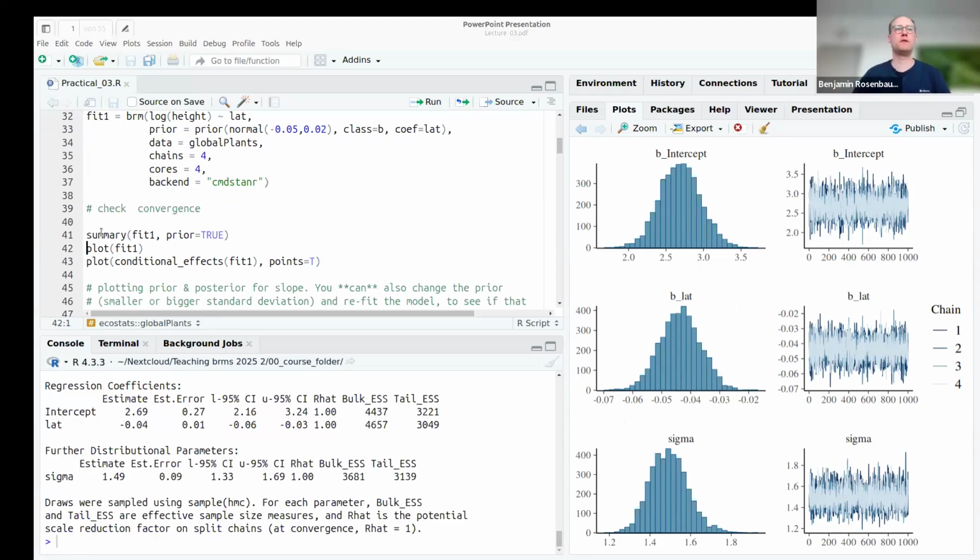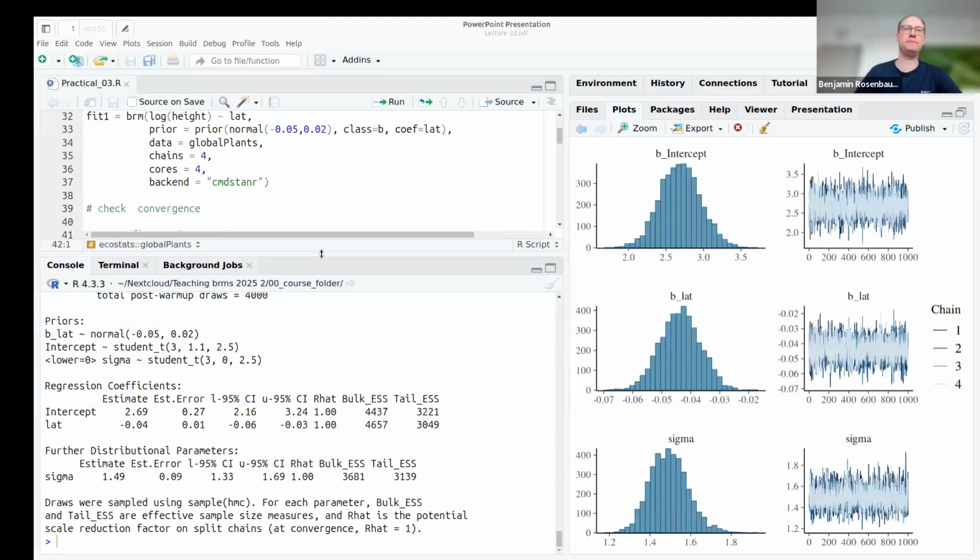And also we look at some quantitative measures. For each parameter here, 3 parameters, we get this R hat value. That's the important one. It basically tells me the same thing: did all the chains behave similarly?